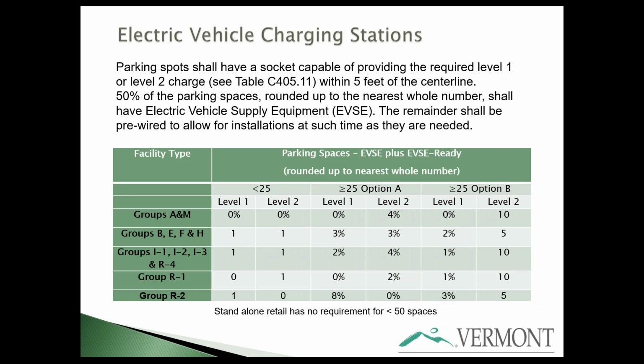So this is the major change here. Parking spots shall have a socket capable of providing the required level 1 or level 2 within 5 feet of the center line.